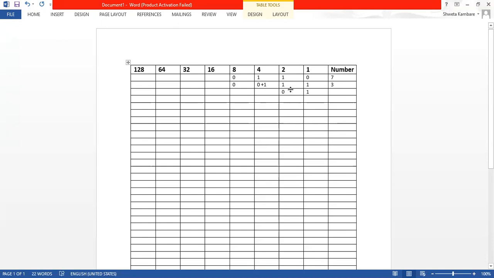When both bits are 1, a carry will be generated. And see again here, 1 plus 0 plus 1 is again 0 and again carry 1. Okay, so this answer will be 0 plus 0 plus 1 will be 1. Now see what is your answer.